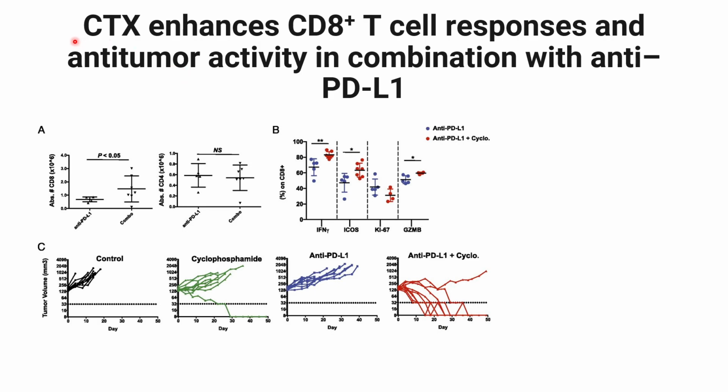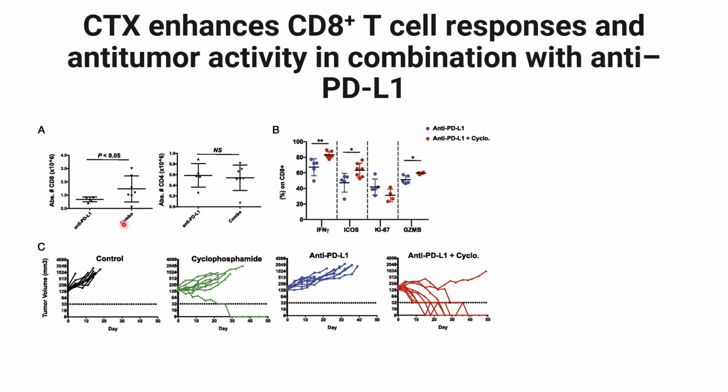So what they did is they use this CTX promoter, and what this CTX does is it enhances the dendritic cells and suppresses the regulatory T cells. So in other terms, it will cause pro-inflammatory responses.